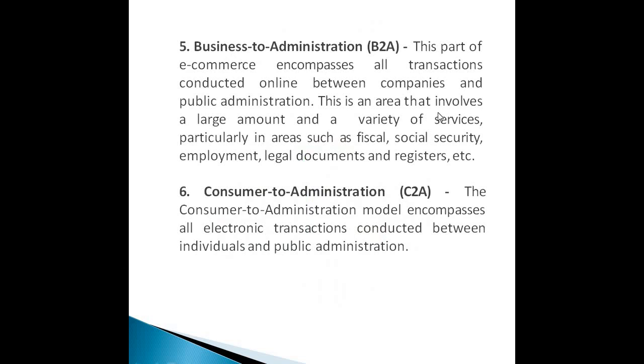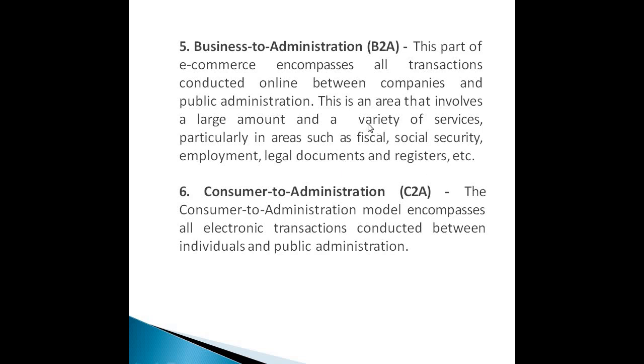Now next is the business to administration. This part of e-commerce encompasses all transactions conducted online between companies and public administration. So this is an area that involves a large amount and a variety of services, particularly in areas such as fiscals, social securities, employment, documents and registers.